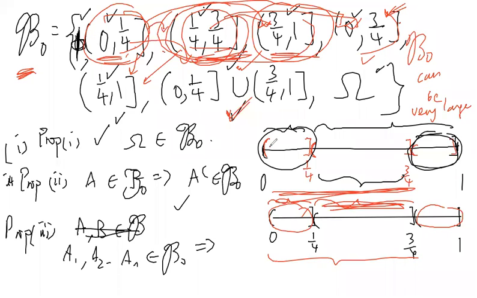If you cut it into very small intervals, definitely you will have a lot of combinations of unions, so that they will satisfy these properties. So the point is that you can actually generate a field even when your Omega is a continuous interval. It's not necessarily just a discrete space.